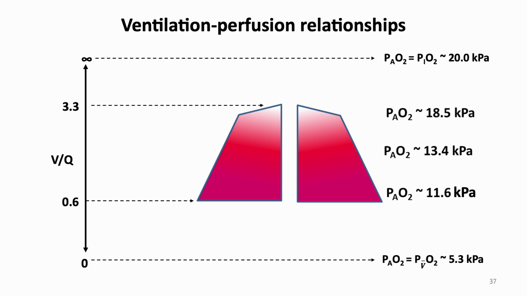Although less extreme in the normal lung, we have such gradients. In the upper part of the lung, the alveolar oxygen tension, and thus the oxygen tension in the capillary blood leaving the lungs, is more dominated by the oxygen tension in the inspired air, and vice versa at the base of the lung.